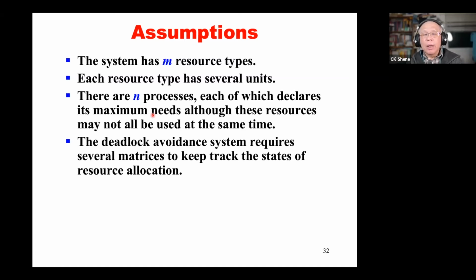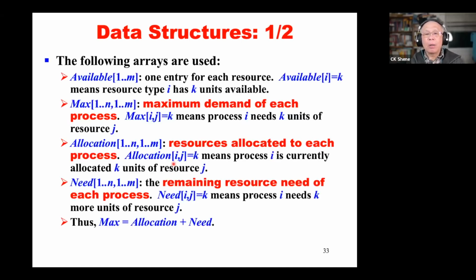Then the deadlock avoidance system requires several matrices to keep track of the state of resource allocation. These matrices are the following. The first one is available, one dimension; max, allocation, and need are two dimensional.